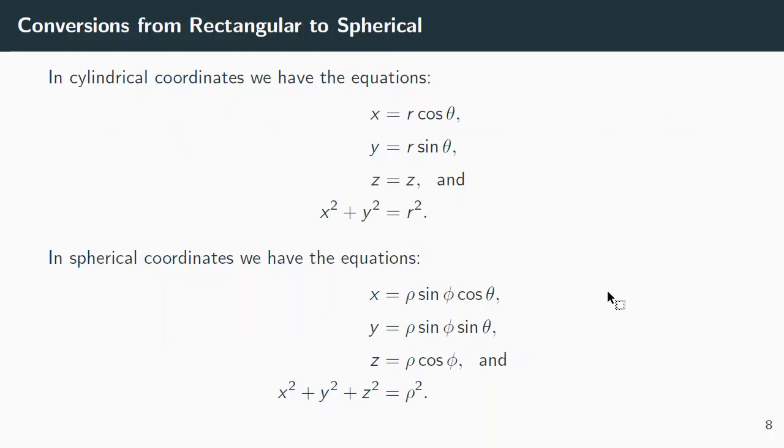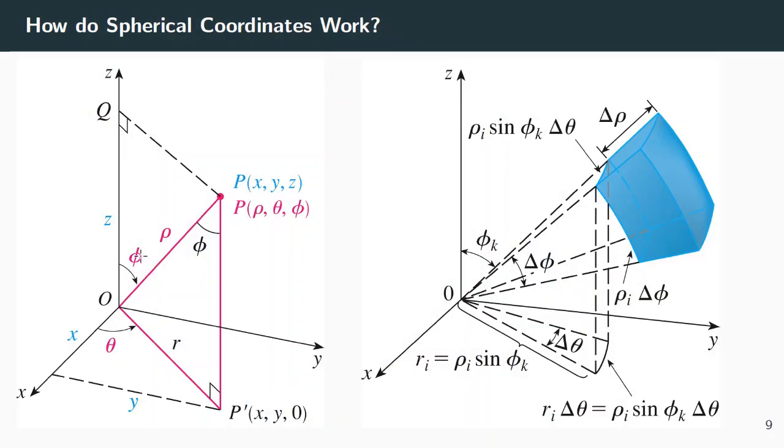And now let's talk about the volume element, the dV. In rectangular coordinates, dV just turned out to be dx dy dz. In cylindrical coordinates, it was r dz dr d theta. What's going on in spherical coordinates is a little harder to see, but essentially you can imagine there's a little bit of theta down here, a little d theta. There's a little bit of d rho, the change in distance from the origin, and there's a little bit of d phi right here, the change in the angle phi.